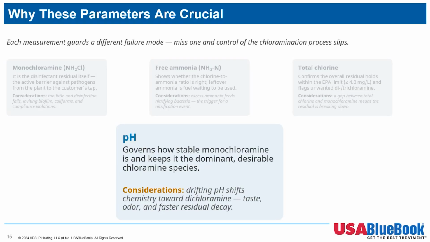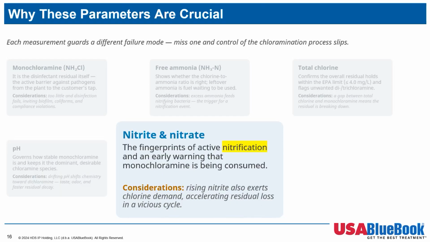Let pH drift and you get taste and odor complaints and a residual that decays faster. It often looks like a dosing problem when it isn't, which is why it belongs on the testing panel. And on the next slide, nitrite and nitrate, evidence that it's already going wrong.